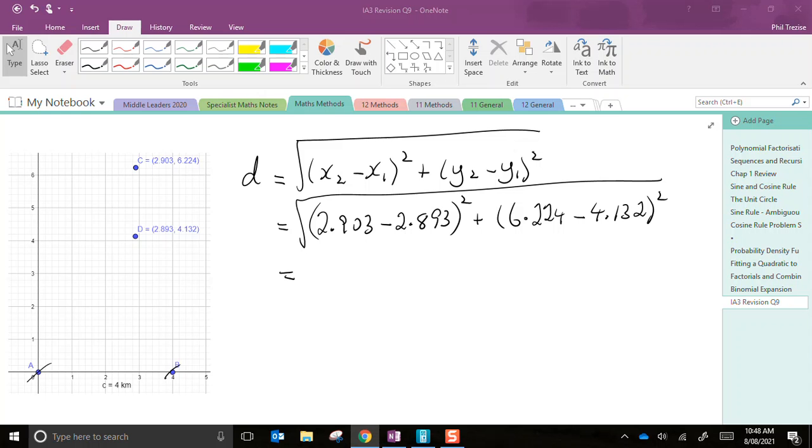And when I did that, I got 2.093 kilometres. And that's the distance between the two of them. Okay, that's that for that one.